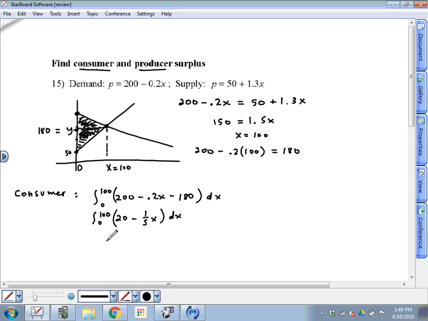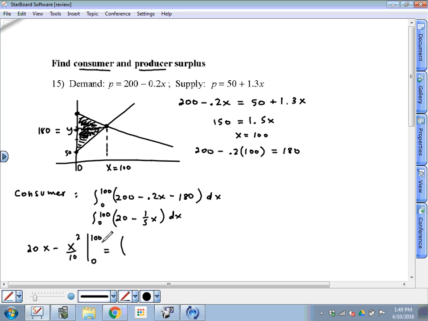So the antiderivative is going to become 20x minus 1/5 x squared over 2, or x squared over 10, and that's going to be evaluated between 0 and 100.